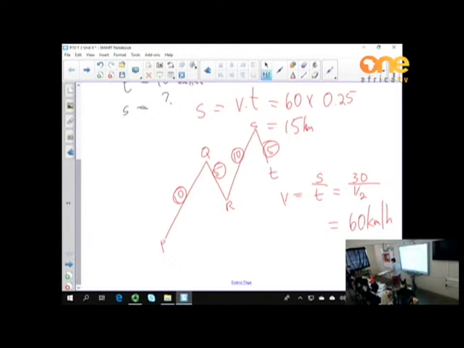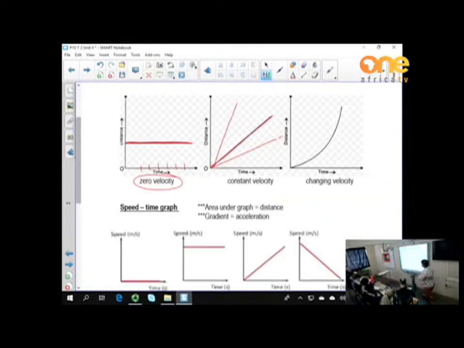Okay, now we have to have a look at graphs of motion, with distance time graphs. When I have a distance time graph, it can have one of those shapes. If I have zero velocity, it's simply going to be a straight line. If I have constant velocity, it is a diagonal line, a line with a gradient.